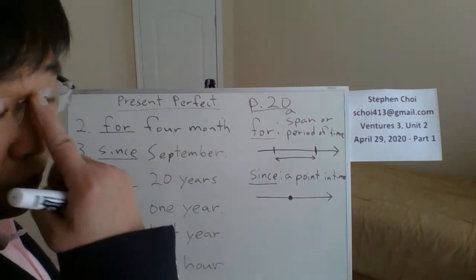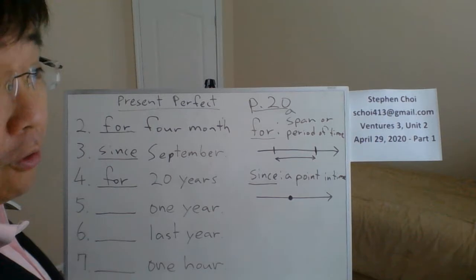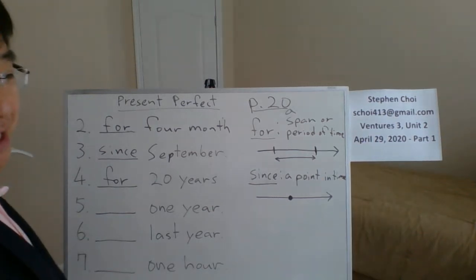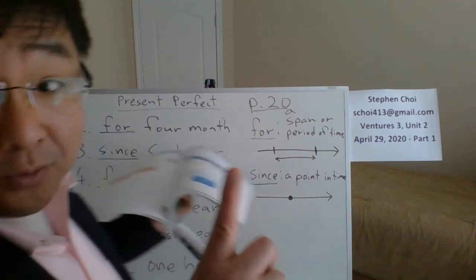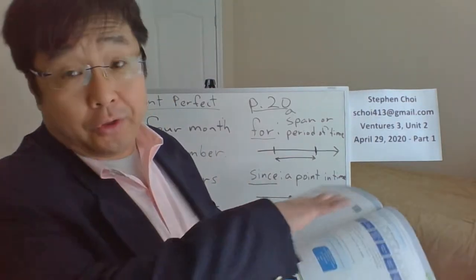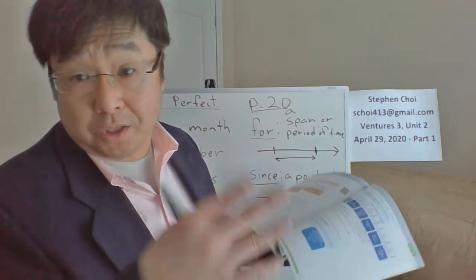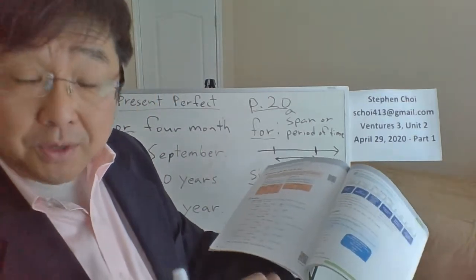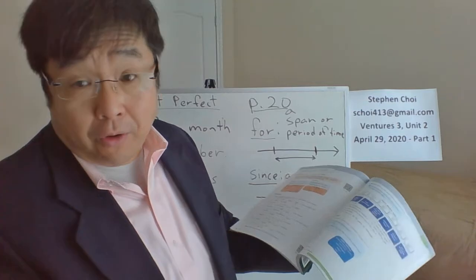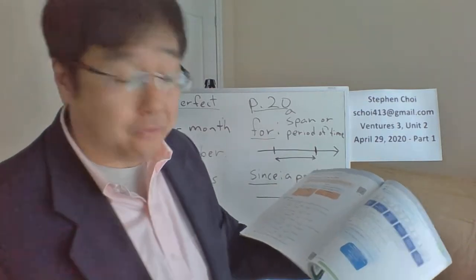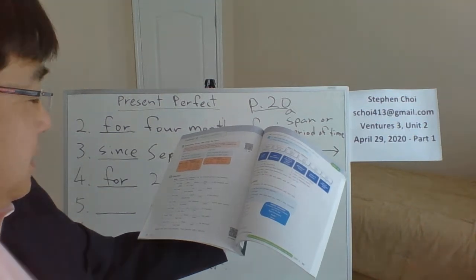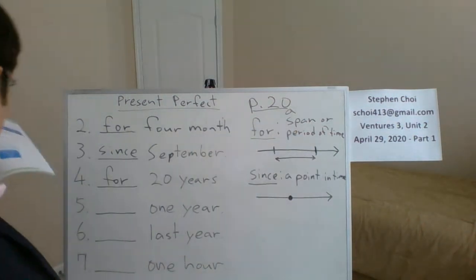It could be a question to one person, or to a whole family. But it doesn't matter, because whether it's singular or plural, you have to use have. So, how long have you lived in Canada?